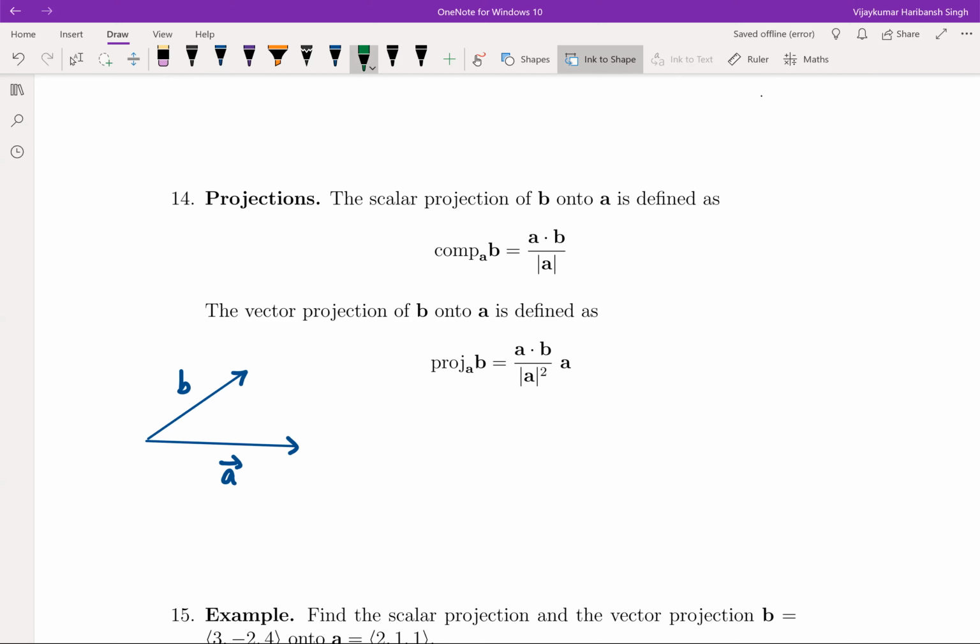Now, one way to think about this is, when we project down this vector, what is the corresponding length of this vector here? So this part here is called the component of B along vector A.